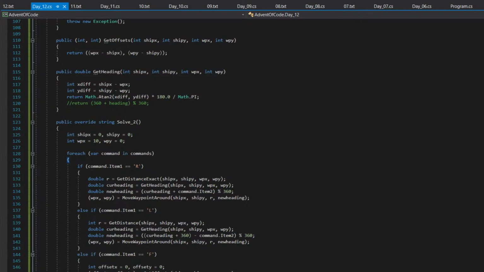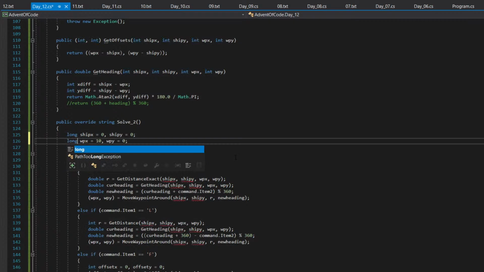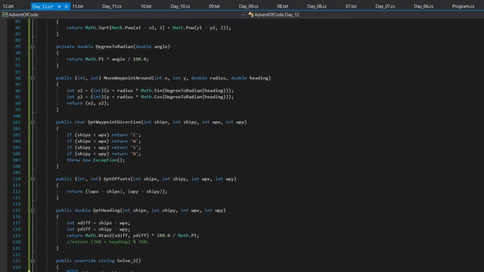Yeah, it should be impossible to have a negative number. Right? Integer to string. So, okay. We need to start changing some data types.